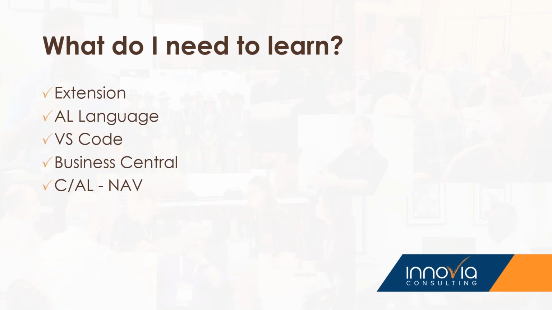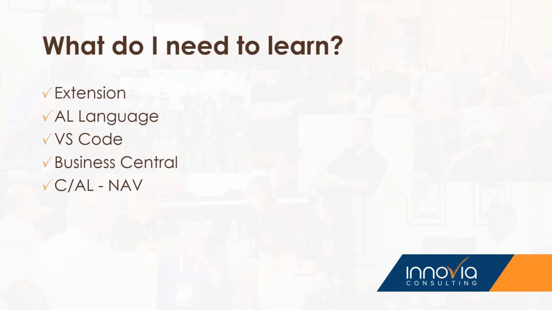Next, obviously the AL language. We need to understand what the differences are in this new language. Is it a big change? What does that mean to us? We need to understand what VS Code, or Visual Studio Code, is and how we're going to use it. Obviously, as it always has been, we need to understand the base application, Business Central, or NAV in the past, as we could make modifications without knowledge of the application.